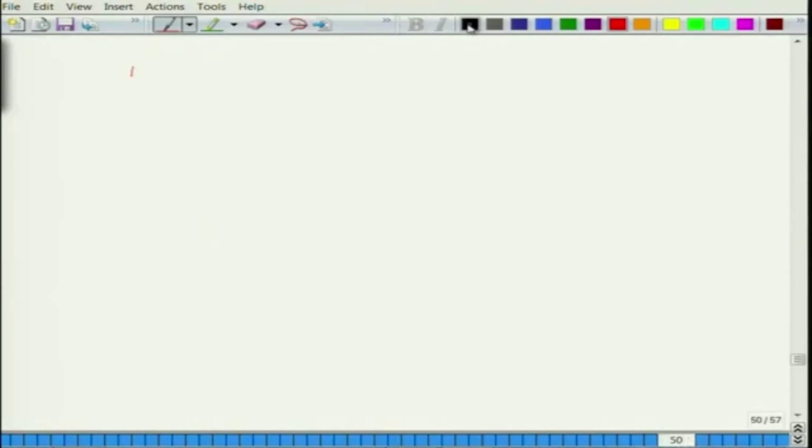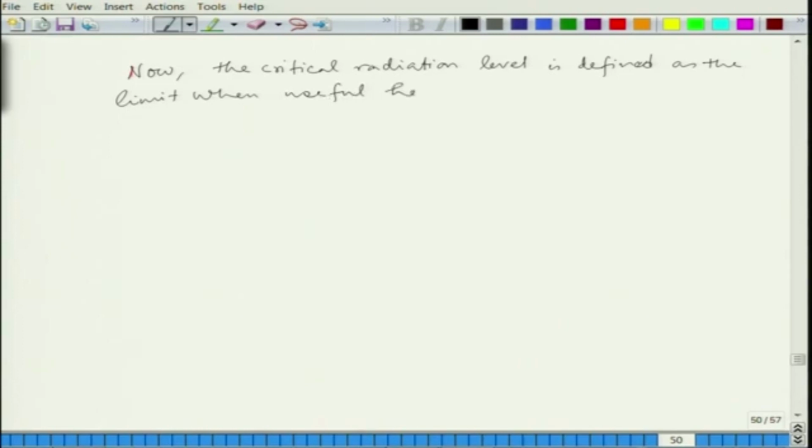Now, let me write that the critical radiation level is defined as the limit when useful heat gain is 0.